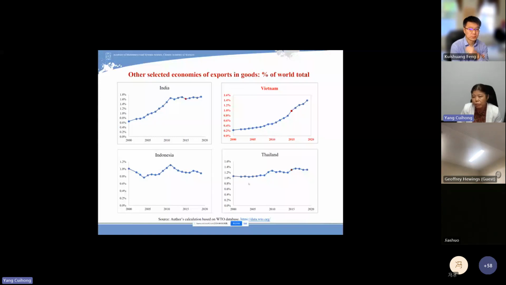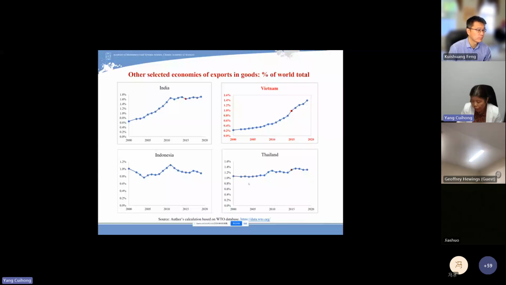On the other hand, when we look at other economies, in particular Vietnam, we could see that from almost the same year, from 2015, it shows an upward trend in terms of the share of Vietnam's export in goods of world total.